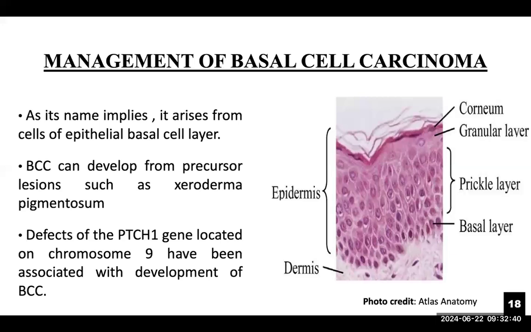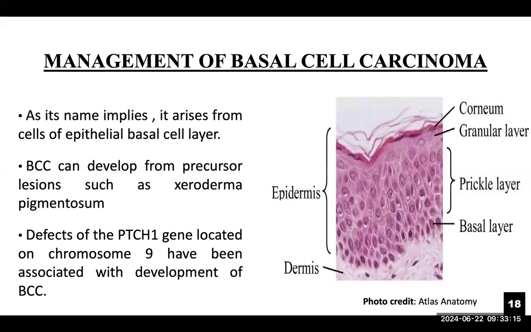Okay, so as its name implies, basal cell carcinoma arises from the epithelial basal cells. As I explained earlier, the epidermis of the skin has 4 layers of epithelial cells. The layer closest to the dermis is the basal cell layer, and that is where the basal cell carcinoma arises from, and that layer is a mitotically active layer.